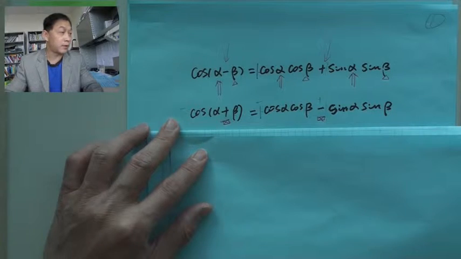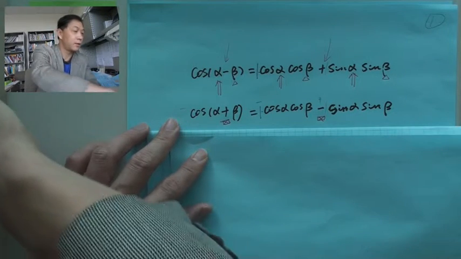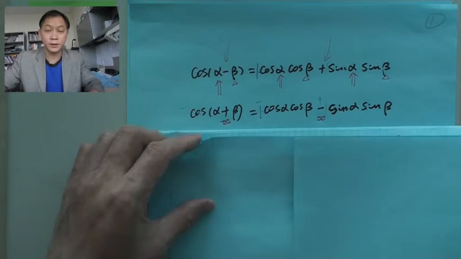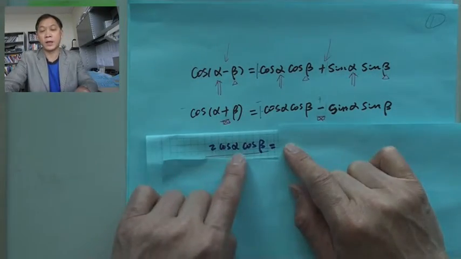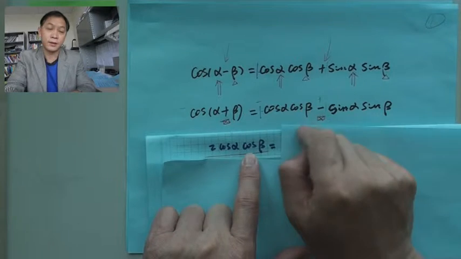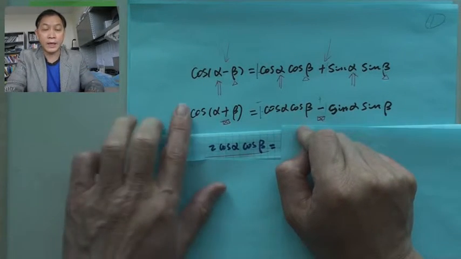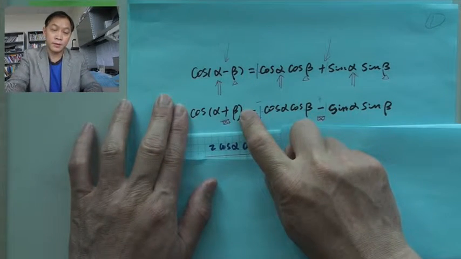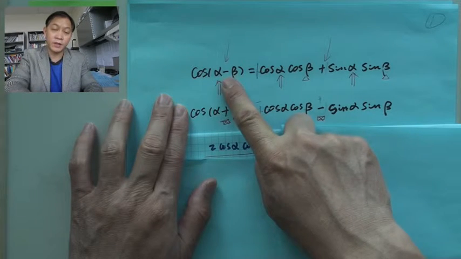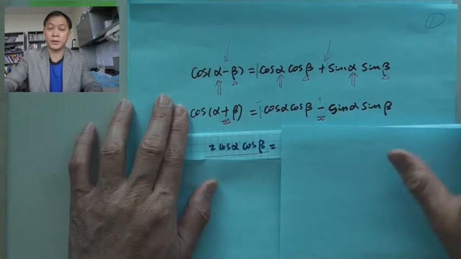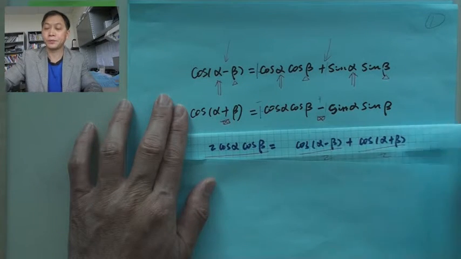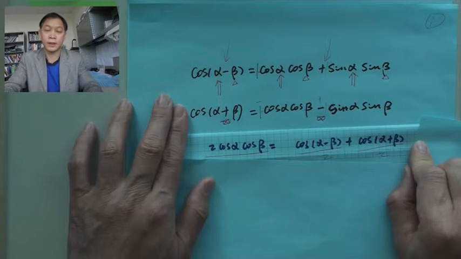Okay. So the left hand side is actually 2 cosine alpha, cosine beta if you add. The right hand side, if you add, is cosine alpha minus beta plus cosine alpha plus beta. That's this one. Okay?